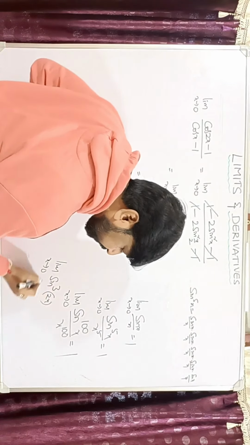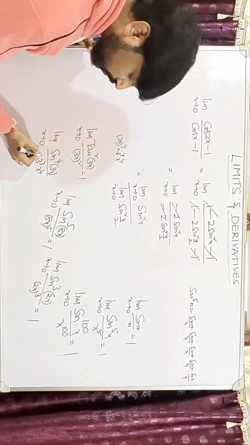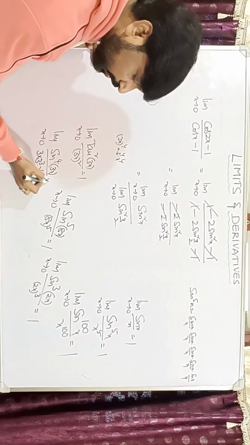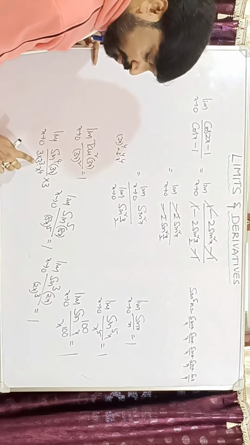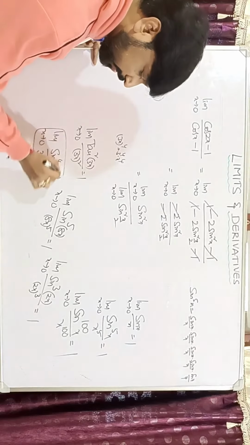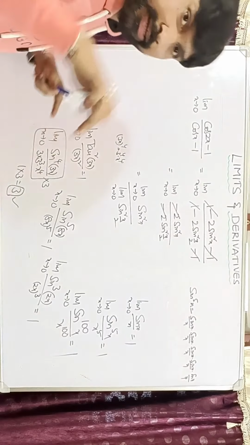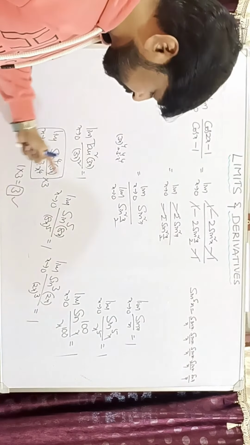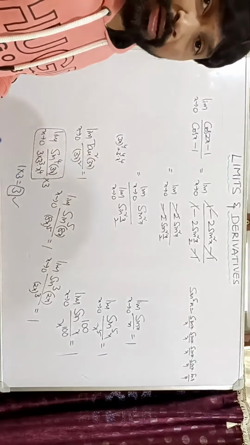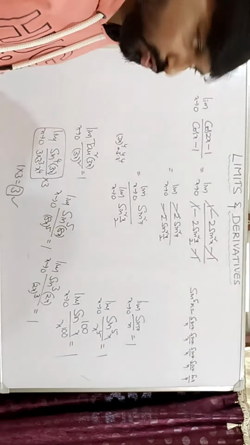Actually, originally what you want is 3x whole power 4, which means 3 power 4 into x power 4. But only 3 cube is there, so you operate with 3 into 3. Then with 3 power 4 x power 4, this part becomes 1 into 3. You get the answer 3 instead of 1, because this part is 1 and 1 into 3 is nothing but 3. You have to know this kind of technique also.